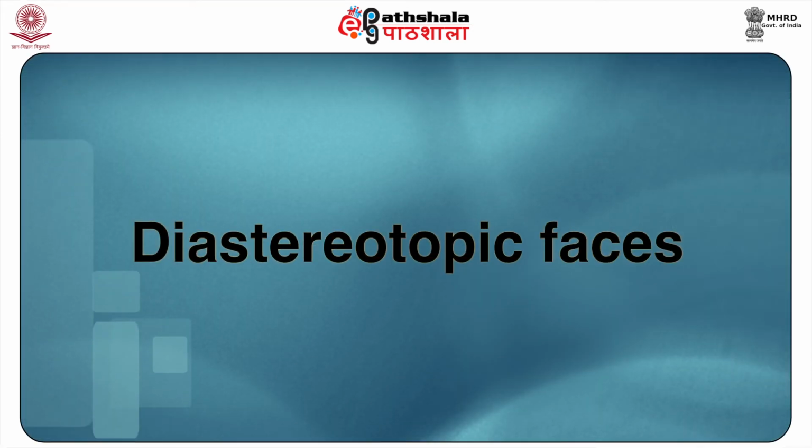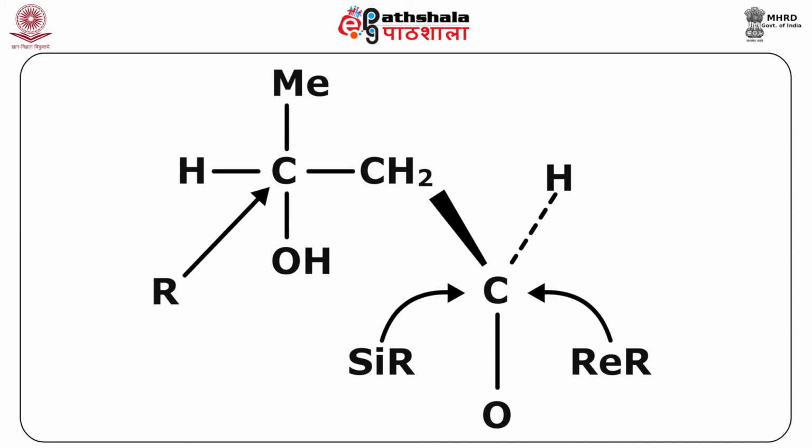Diastereotopic faces. The two carbonyl faces of 3-hydroxybutanal as shown in figure 15 are diastereotopic, due to the presence of a chiral center. The right face is Re and the left face is Si according to the procedure, to which a further subscript of R, the chiral descriptor of C3, may be added so that the double lettered subscripts ReR and SiR are truly diastereotopic.